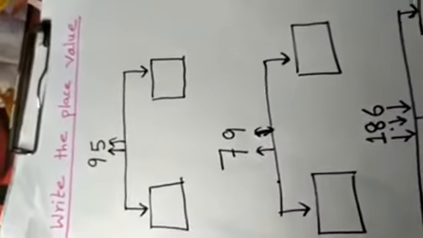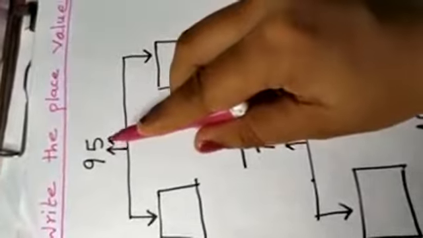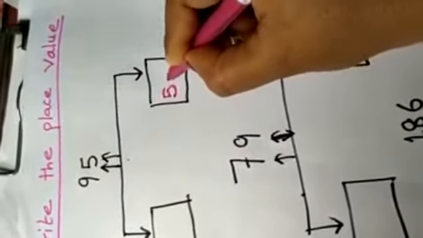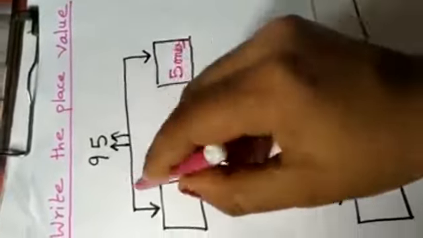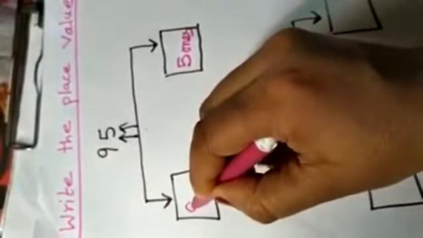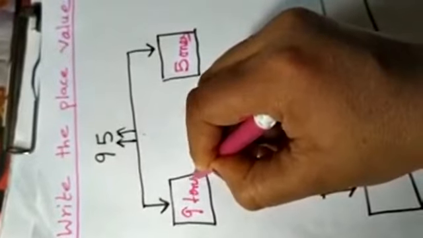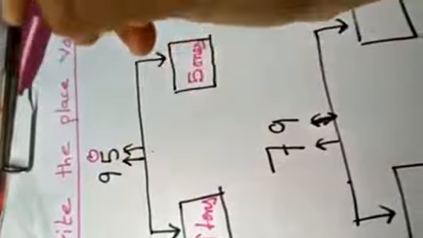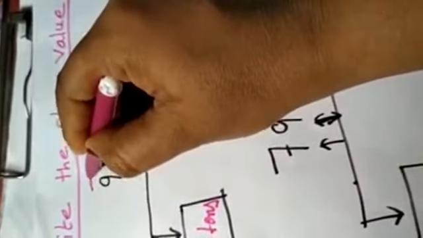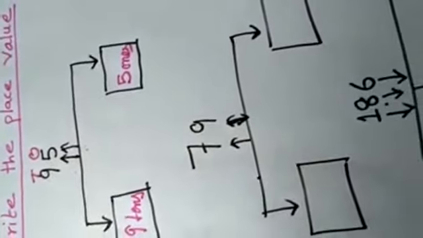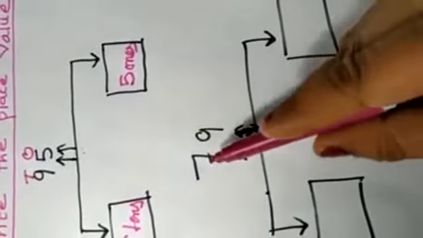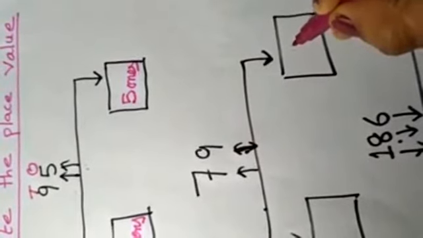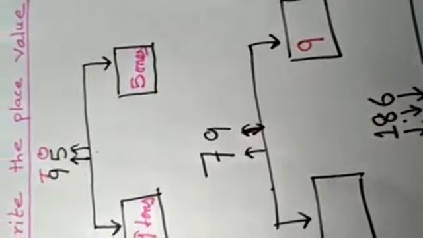In another way we can study. Write the place value. Place value of 5, what will we write? 5 ones. And 9 tens. 5 is at ones and 9 is at tens. Okay, go for next. 79. Let's take 9. 9 alone.